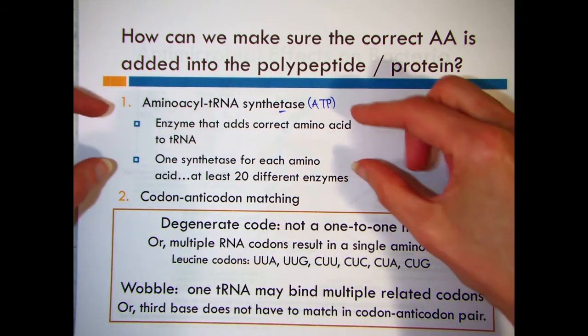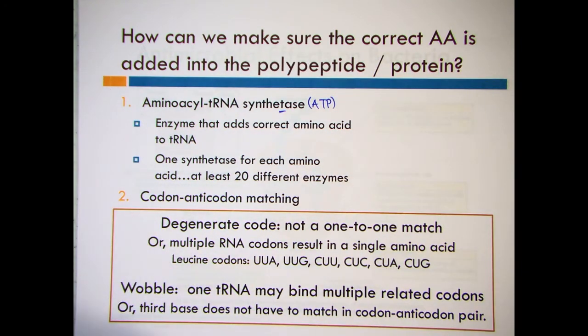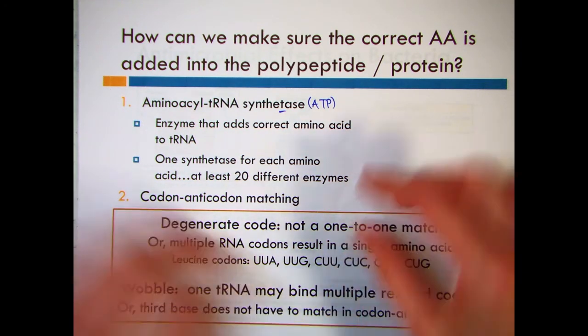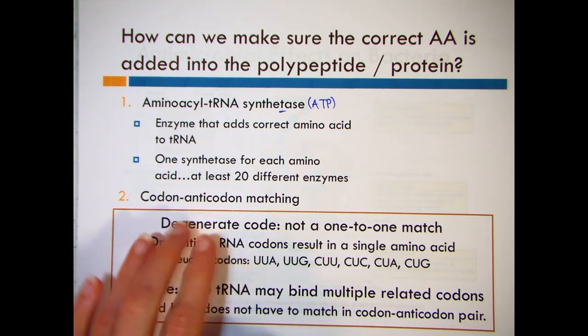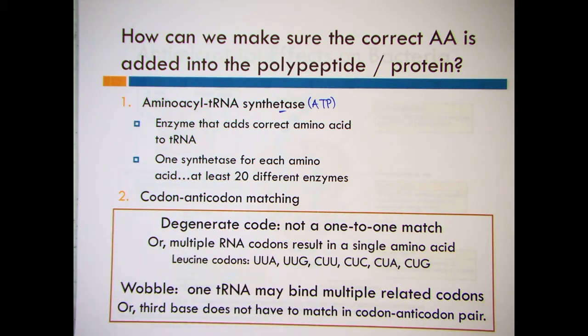And so this type of enzyme is responsible for making sure that the correct amino acid is matched with the correct anticodon. The second step is making sure that the correct anticodon gets matched with the correct codon.